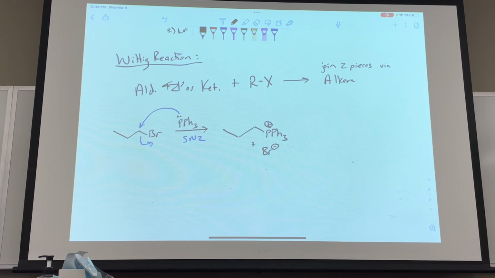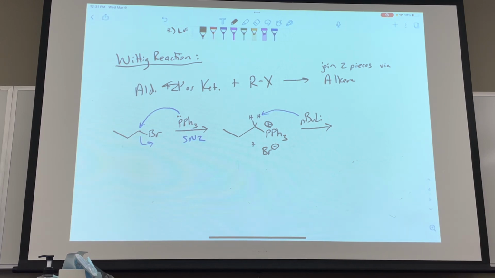And so to wrap this first stage up, what we're going to do is treat this with a very strong base, butyllithium. And what that's going to do is grab one of those protons next to phosphorus.